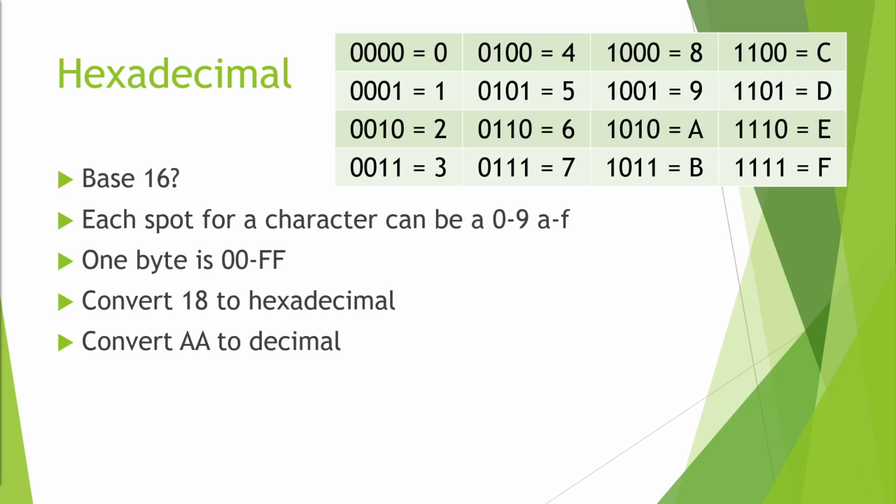Every single space has 0 through 9 and A through F. So there are 16 different possibilities per space. All right. So one single byte of information is now 00 to FF.